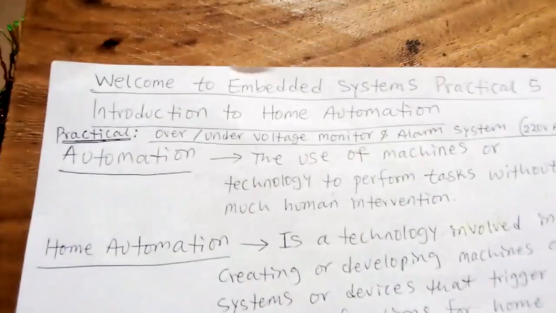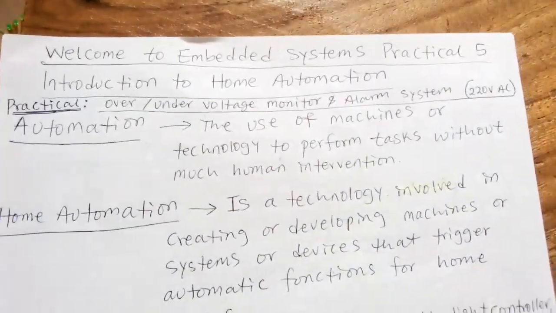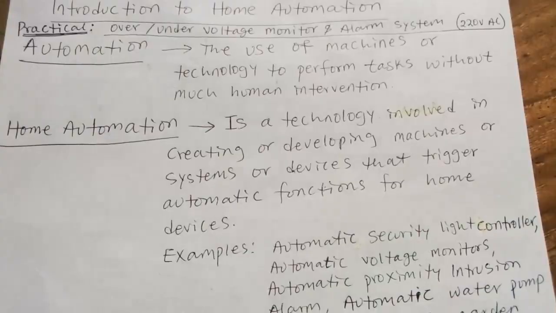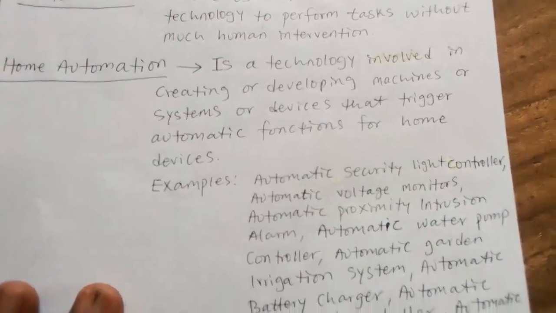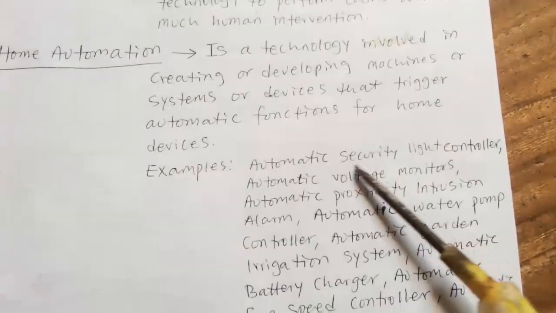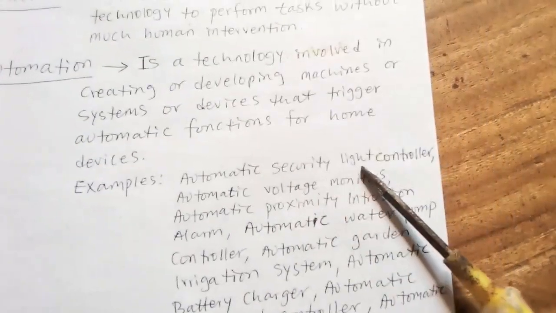Now, if you look at home automation, that word automation, automatic, means making something work without you going there physically to control it. Just like the first example we have here, the automatic security light.